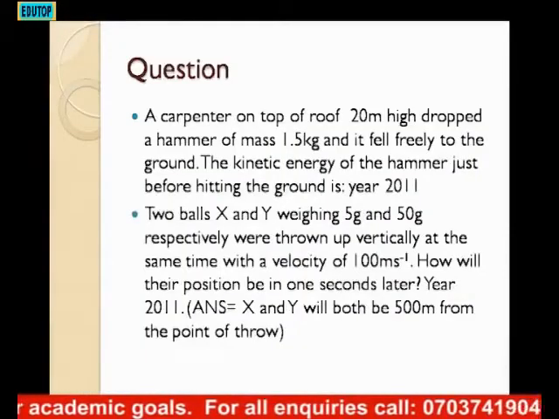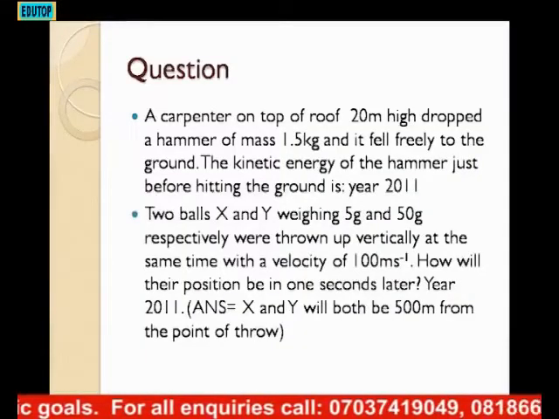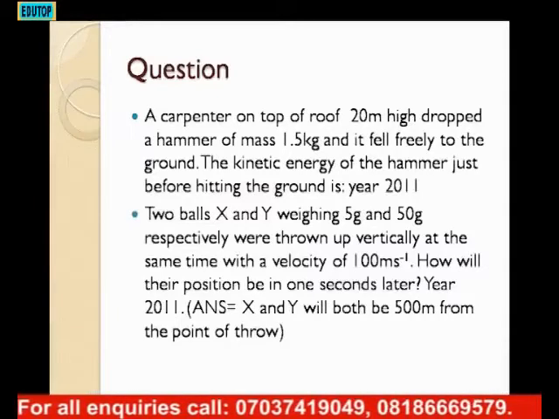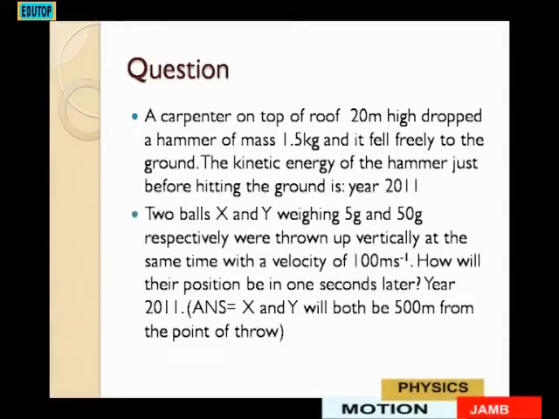For question number 12, the question says two balls, X and Y, weighing 5 grams and 50 grams respectively, were thrown up vertically at the same time with a velocity of 100 meters per second.